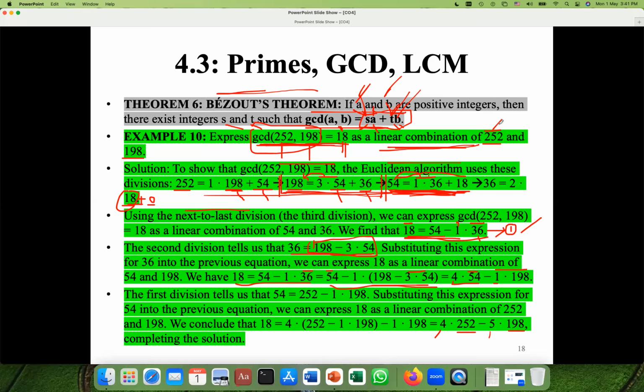We have to find the coefficients for 252 and 198. For 198 we have something, but this is not 252. So we have to go up to that point. We have to substitute again and again up to that point. So what can we do next?